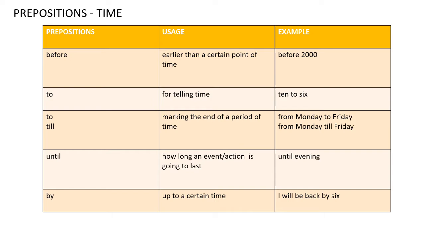Till also can be used for the same, like from Monday till Friday. Until is used to indicate how long an event or action is going to last. For example, until evening or until night and so on.